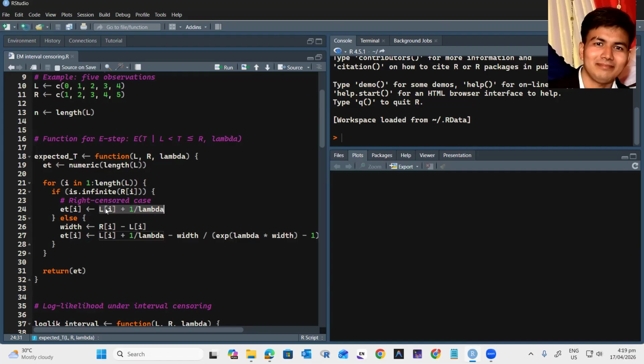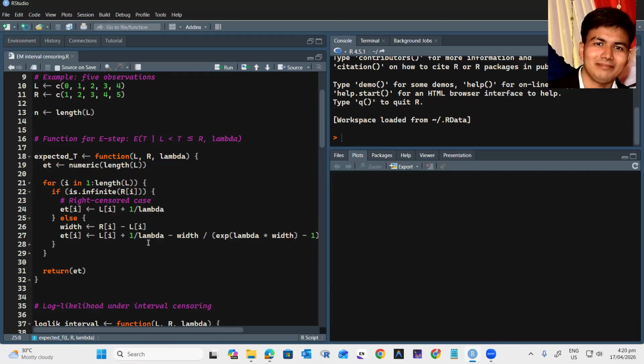And if it is a right censored observation, that is Ri is infinite, this is used; otherwise, in the else, we have the formula for the expected value of t given that t lies between L and R, which equals L plus 1 upon lambda minus (R minus L) divided by e raised to the power lambda(R minus L) minus 1.